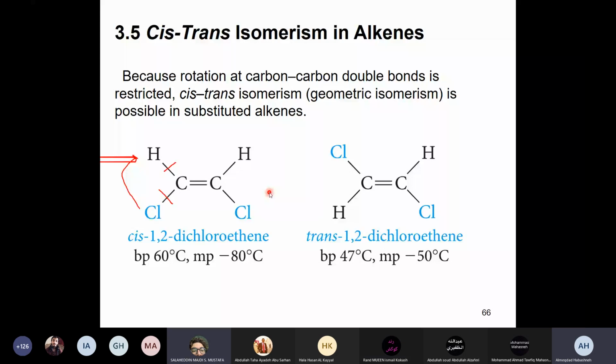Cycloalkane زي ما تفضلت والالكين. And cycloalkane we already discussed the stereochemistry of cycloalkanes. Now in detail, we're gonna discuss the stereochemistry, cis-trans isomerism around the alkene.